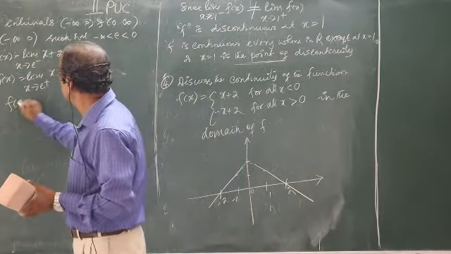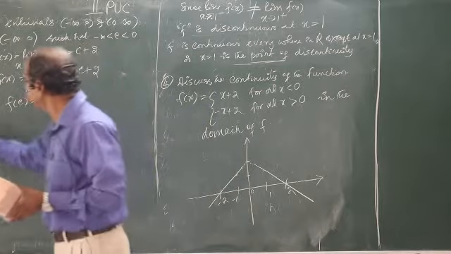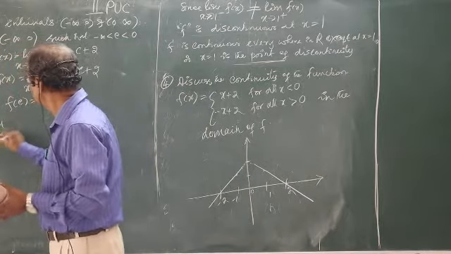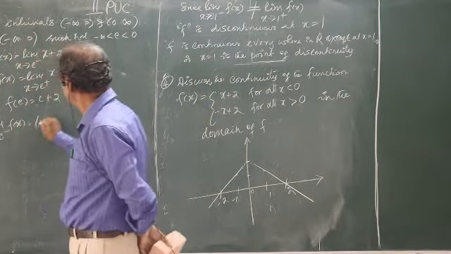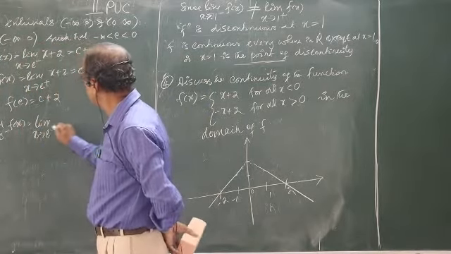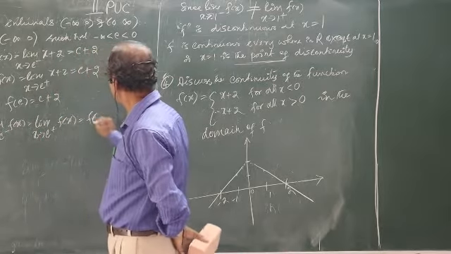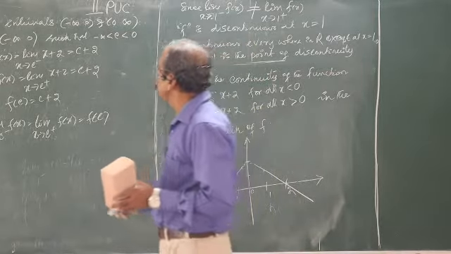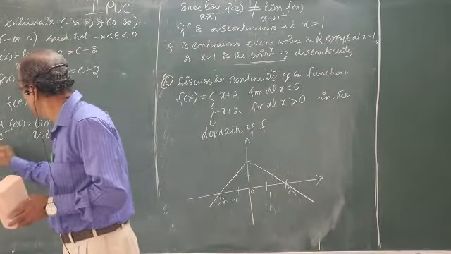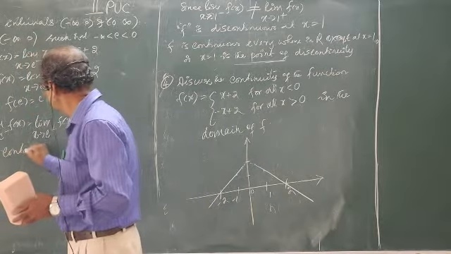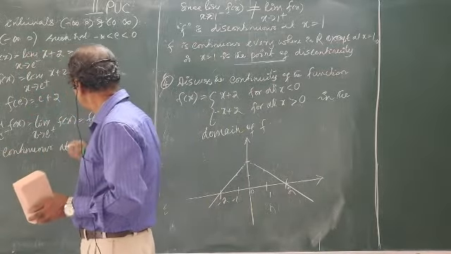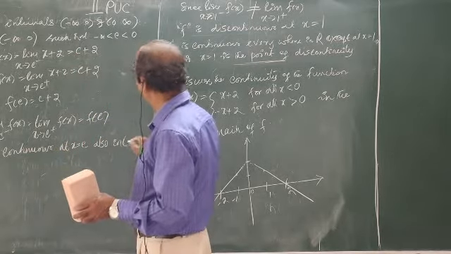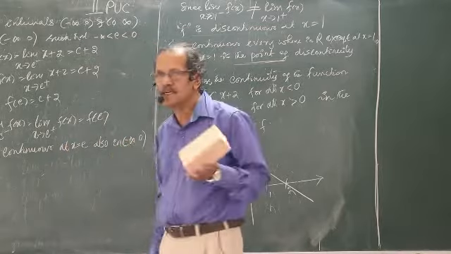The value of the function f of c is c plus 2. Since limit x tending to c minus f of x, limit x tending to c plus f of x and f of c, all the 3 quantities are equal, f is continuous at x equal to c, also in minus infinity to 0.